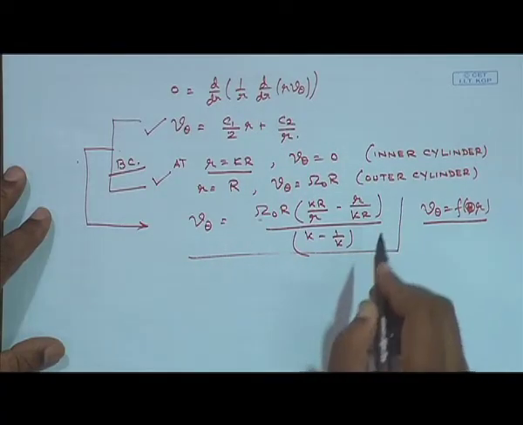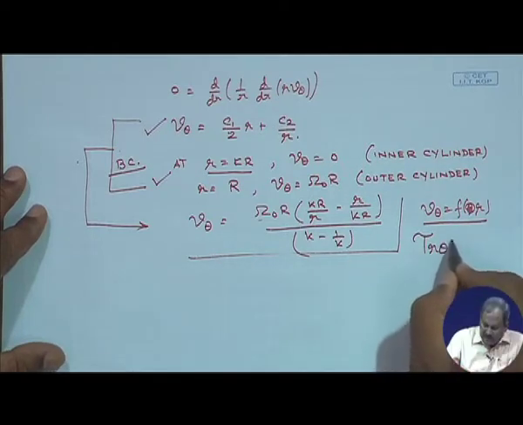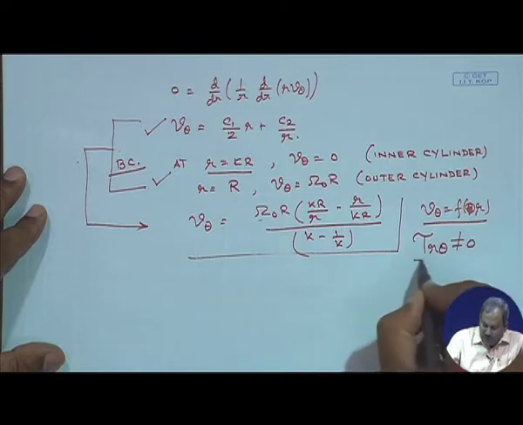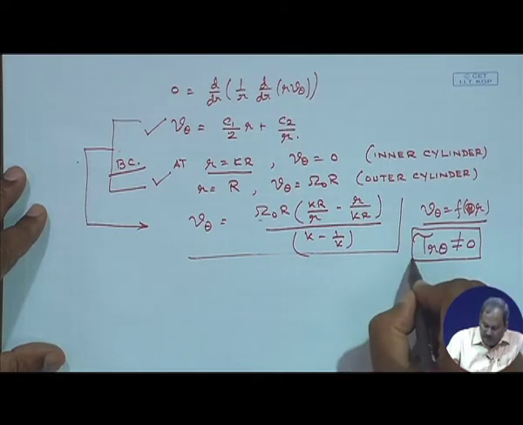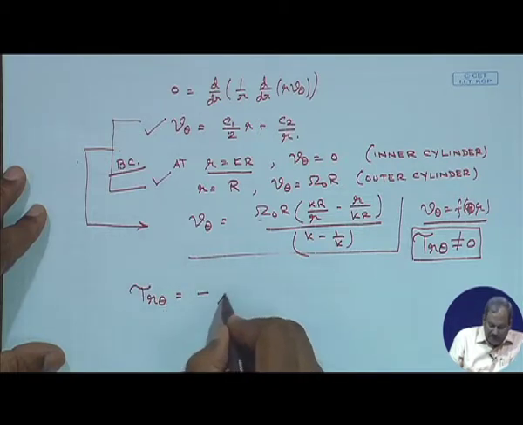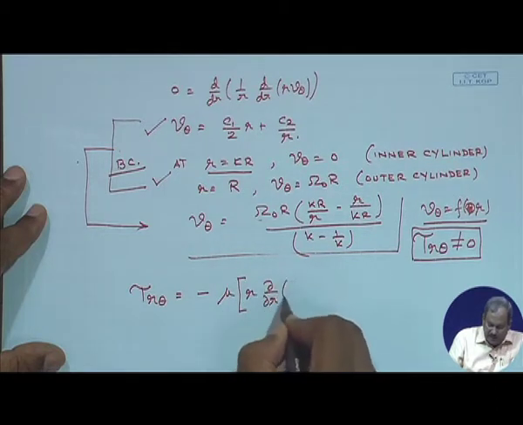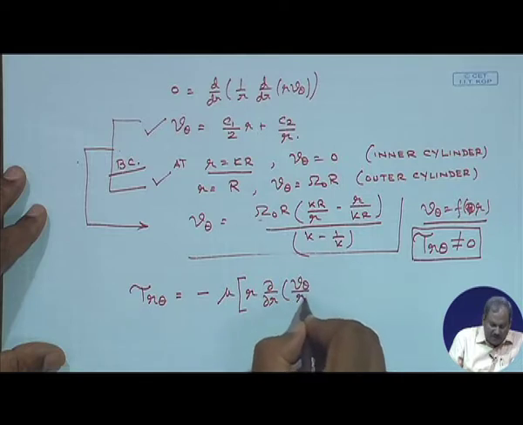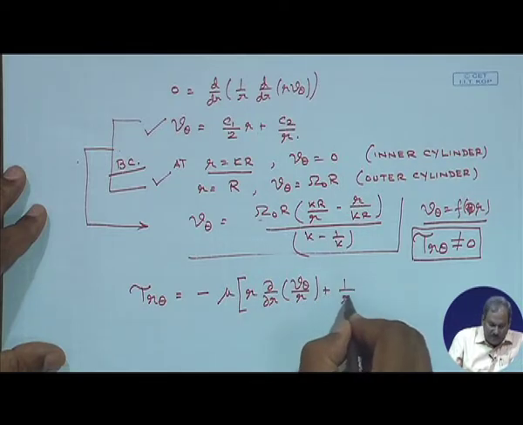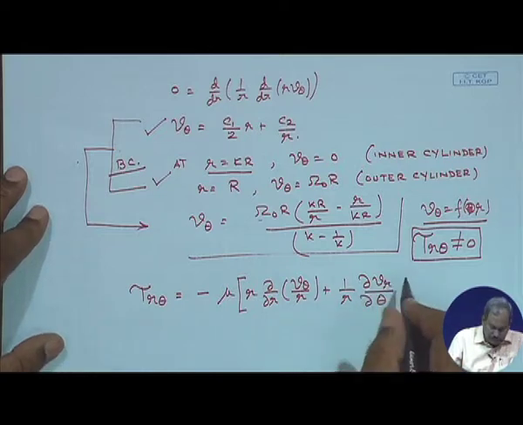So here you have the expression for velocity, and you realize that tau r theta is the only non-zero tau in this system. From the text you would see that tau r theta is mu times (r ∂/∂r of (v_theta/r) plus 1/r ∂v_r/∂theta).